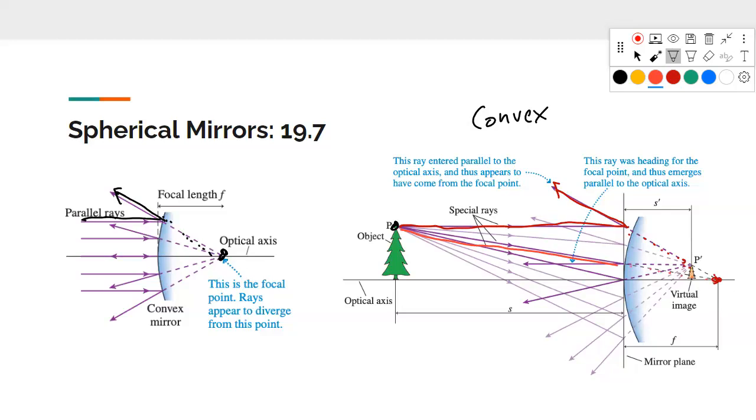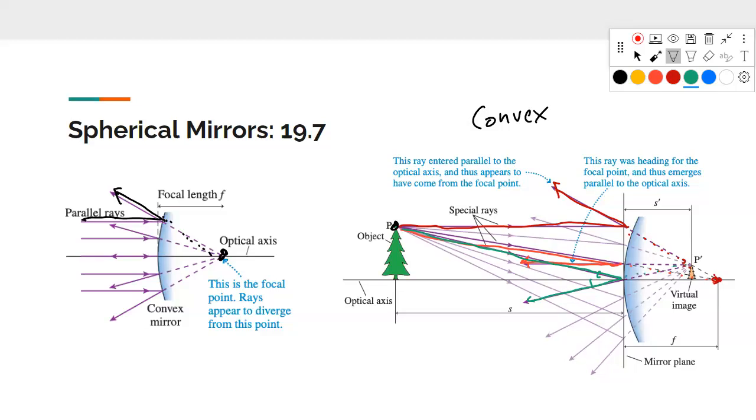So it's aimed at the focal point on the other side, and it comes out parallel to the horizontal. And then lastly, we have the ray that just bounces off the middle, and that one is going to come out using the law of reflection, so that theta incident is the same as theta r. So it'll have just been mirrored over that horizontal axis.